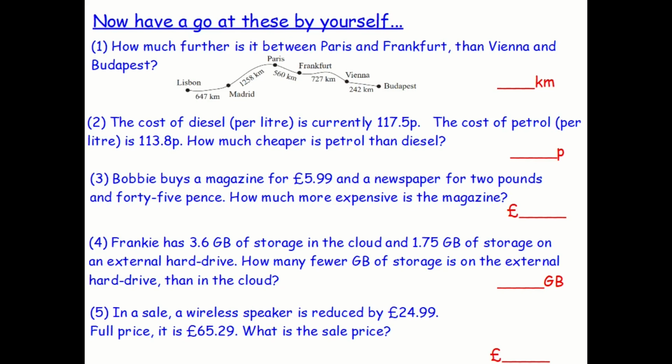So crucially line up that decimal point, and then everything else should fall into place. So here are the first 5 questions. There are some more questions up to 10 which I will show you in a moment. So when you're ready, pause the video, have a go at these 10 questions. So there's a first page here and then another page, and then resume the video to see the answers.